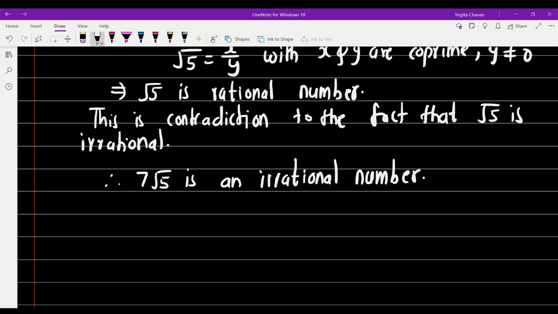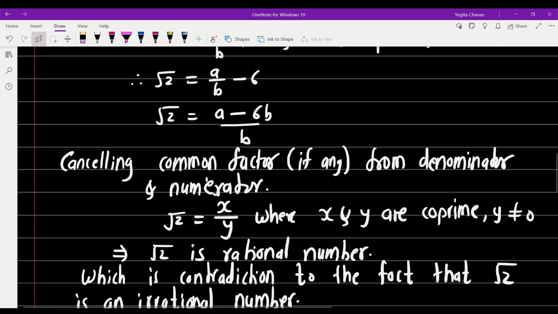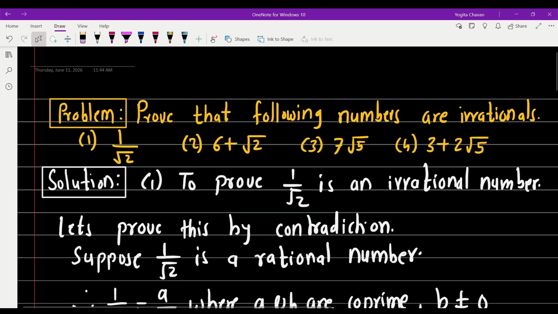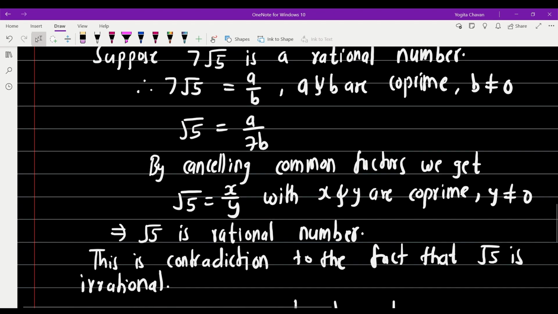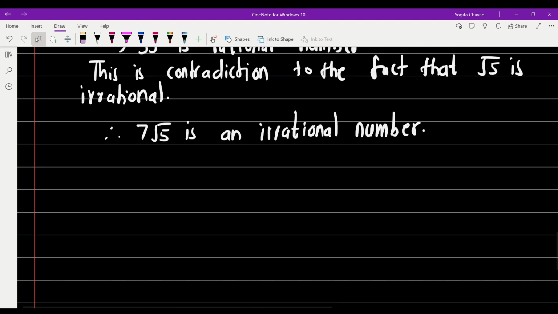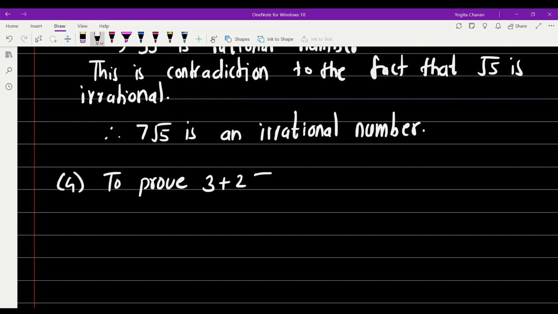Okay, now the last problem. To prove 3 plus 2 root 5 is irrational. So number 4, to prove 3 plus 2 into square root of 5 is an irrational number. Again we prove this by contradiction.